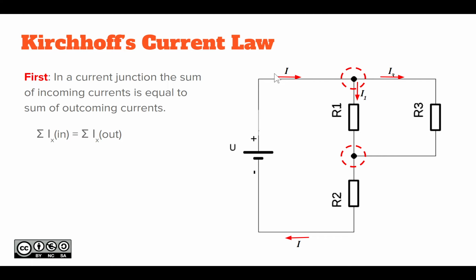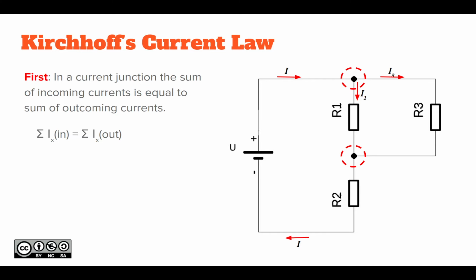The total current is coming from the voltage supply there, and then it splits into parts, I1 and I3. I mark those I1 and I3 so that they match the resistor titles R1, R3. That's just an easy way to keep track of which current is where.